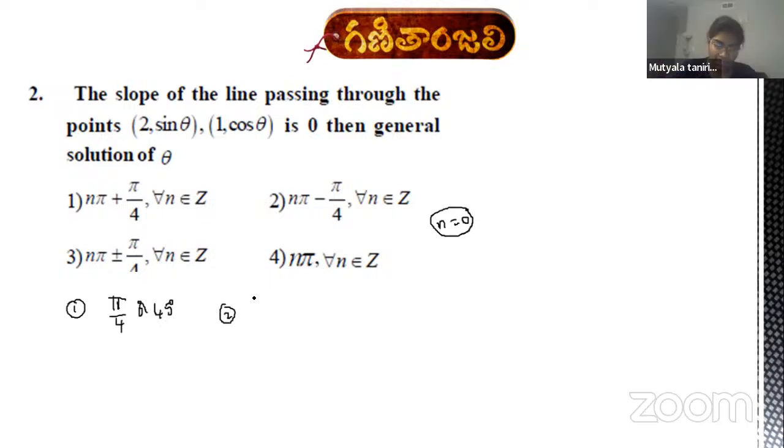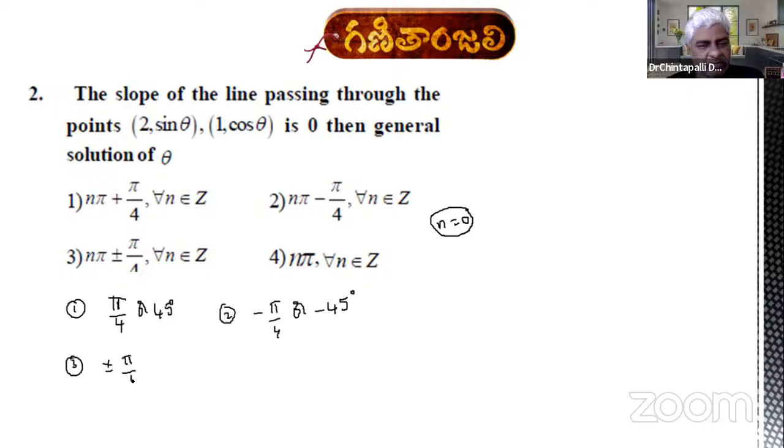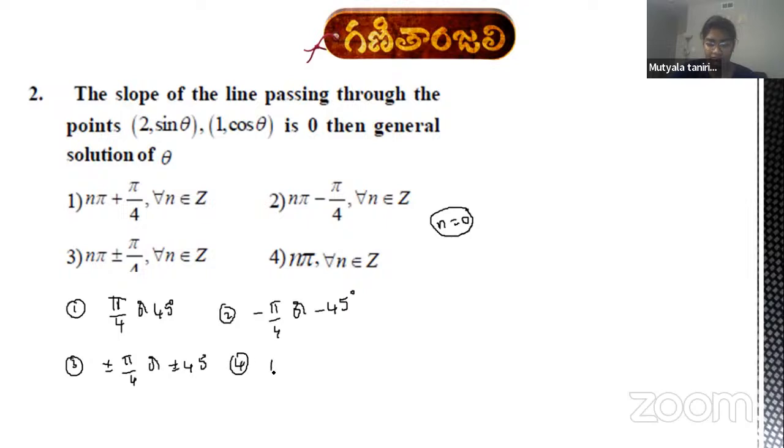Second option is 0 minus pi by 4, negative pi by 4 or negative 45 degrees. Third one is plus or minus pi by 4. And the fourth one is going to be 0.